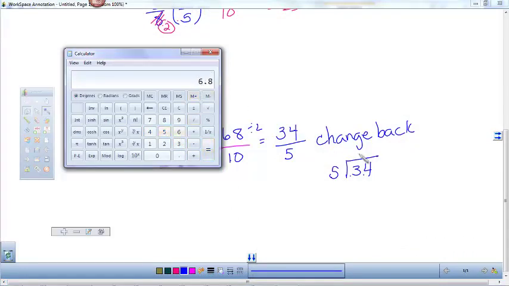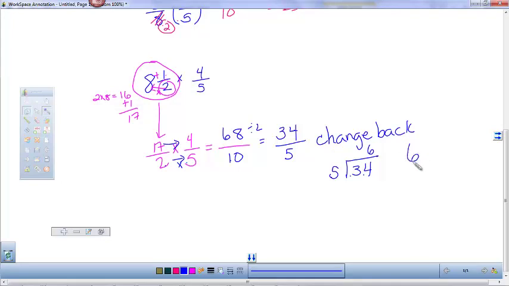I'm just going to use this number, 6. And then I do 6 times 5 is 30. And I subtract. 34 minus 30 is 4. So I have a whole number, a big number, 6. And then my fraction, I put 4 and 5.